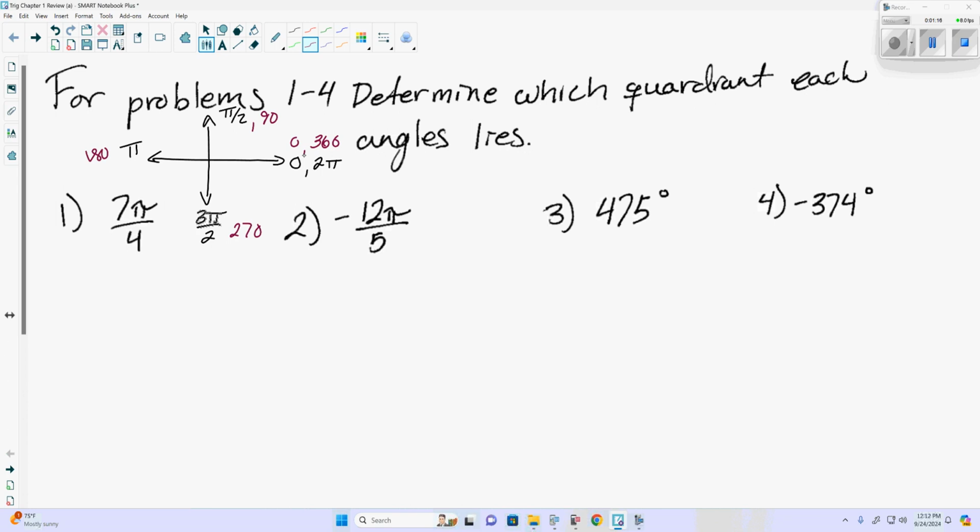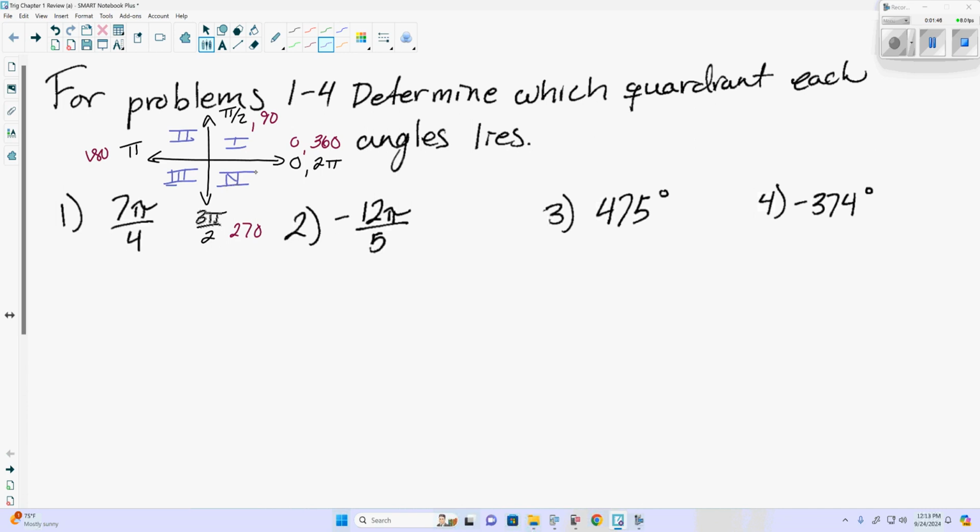So, quadrants 1, 2, 3, 4. 360. Because it's going to be in 1, 2, 3, or 4 quadrants, and we need to figure out where each angle lies. Now, quadrant 1 is between 0 and 90 degrees, or 0 and pi over 2.